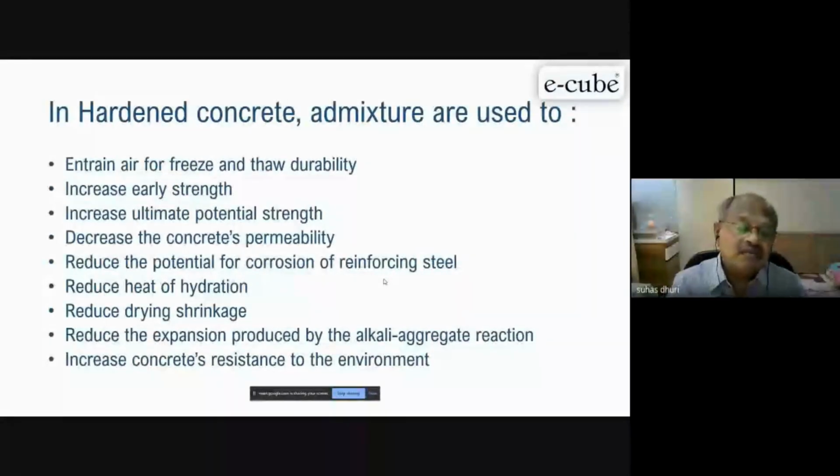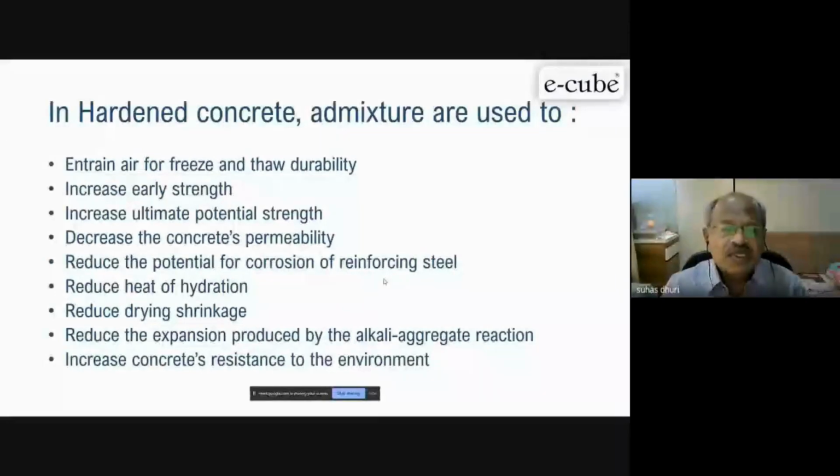It was not there maybe 20 years back. But today those admixtures are available, which can also take care of the alkali reactive silica in the aggregate. That is also possible. Increase the concrete resistance to the environment. Basically, durability can be increased.